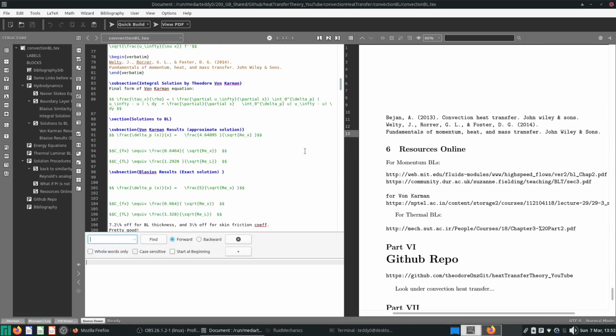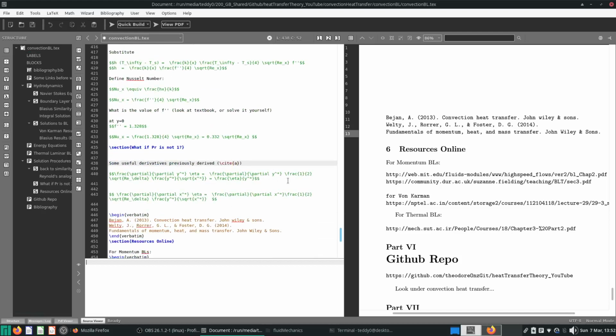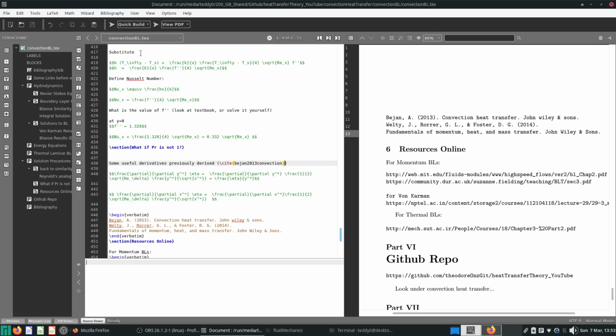Okay, cite. Let's see whether it turns out. Yes, once you close and open, you will be able to see this auto-filling thing here. So you'll have cite Bejan 2013 convection. And how will that name come about? It is the name that you put over here. I just copy and pasted that from Google Scholar.